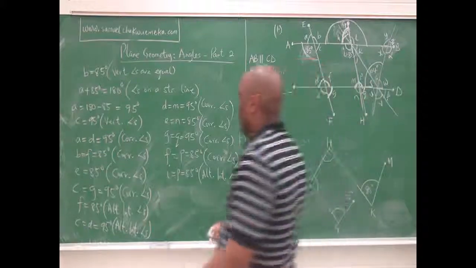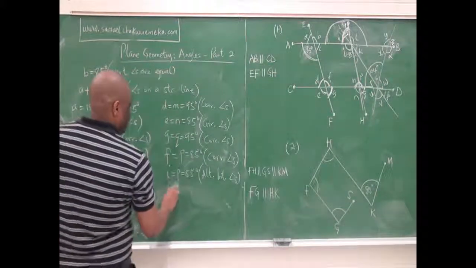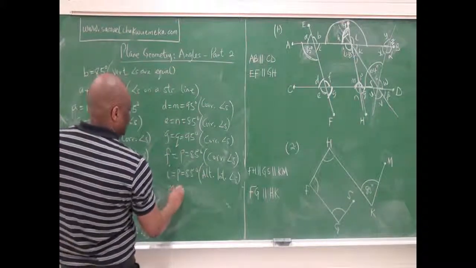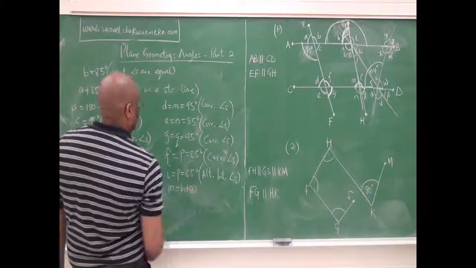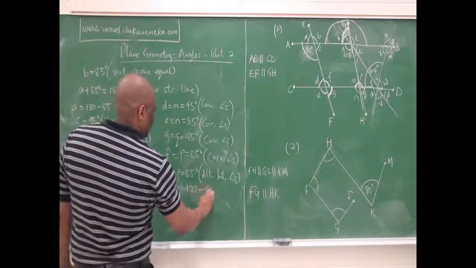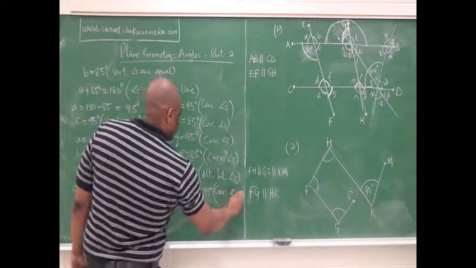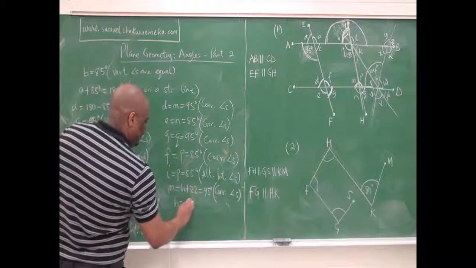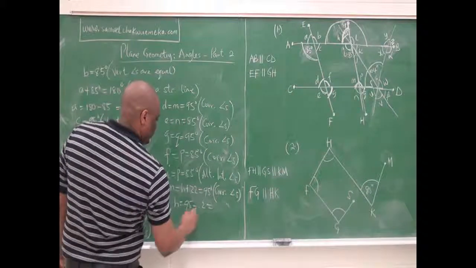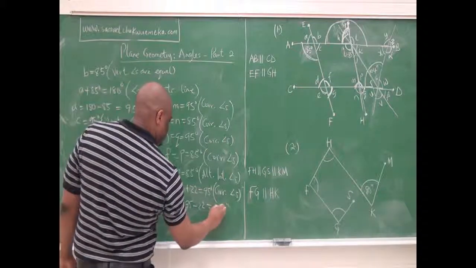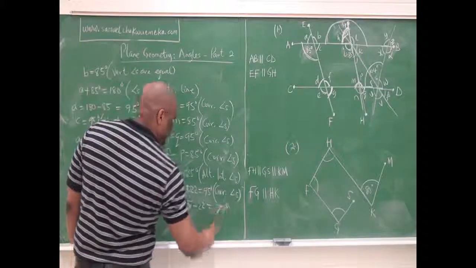So we see that M is equal to H plus 22. And that is 95 degrees, right? Reason, corresponding angles. So H will be 95 minus 22, which is what? 5 minus 2 is 3, 9 minus 2 is 7, 73 degrees.